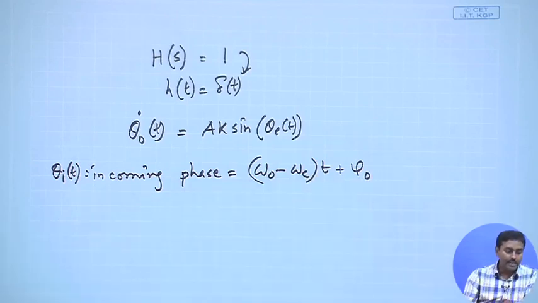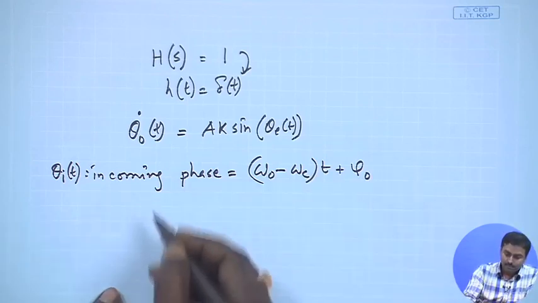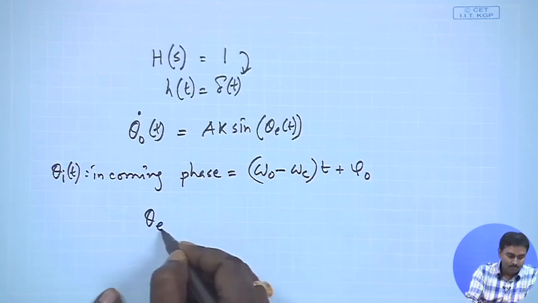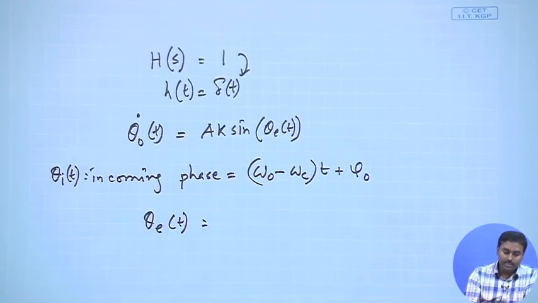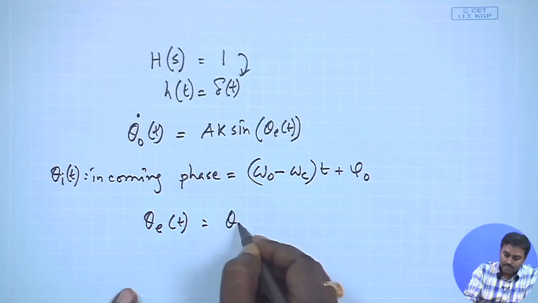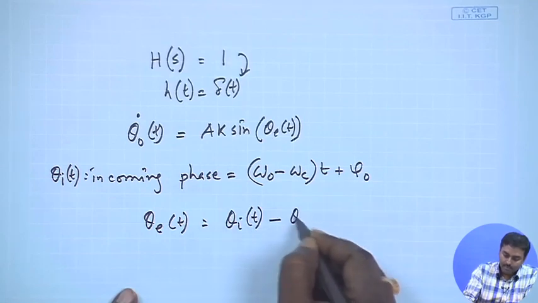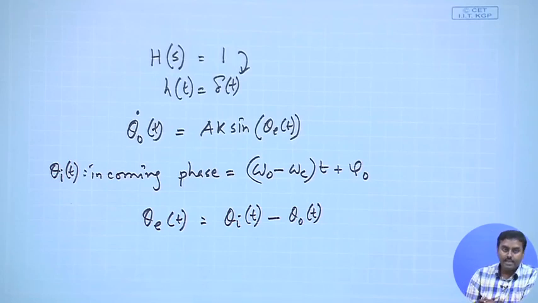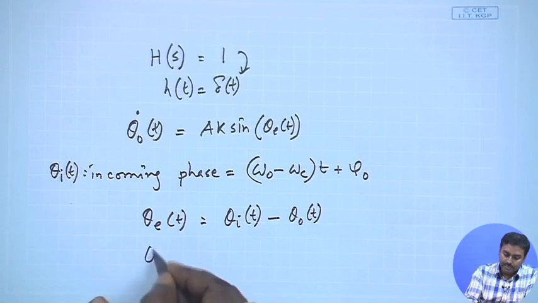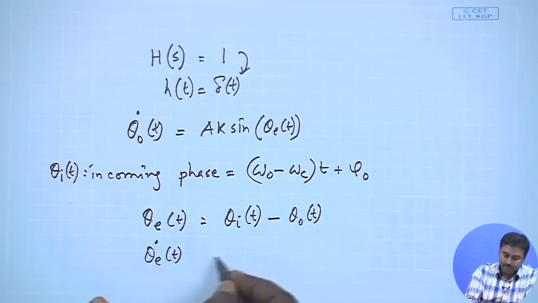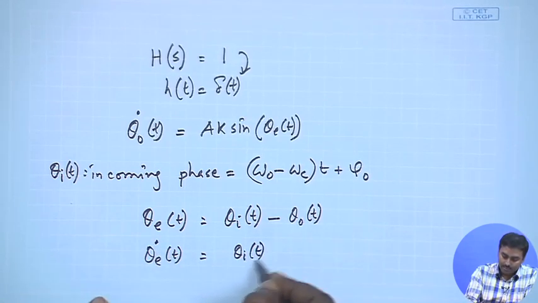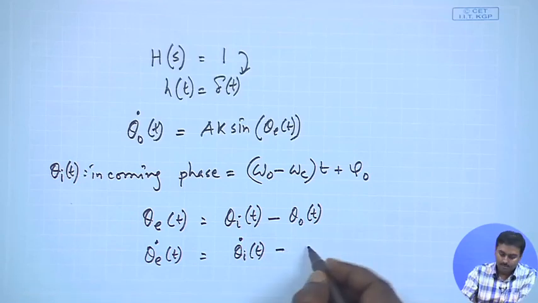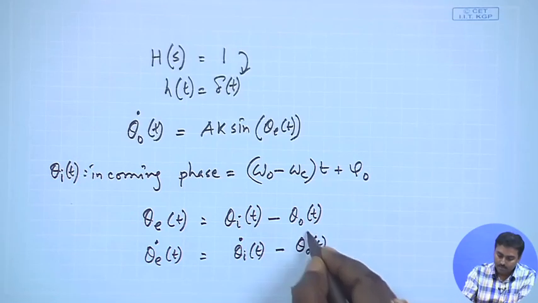Now, let us try to write what is the theta e. So, theta e is basically theta I t minus theta O t, right. Now, I can take a derivative over here. So, immediately theta e t derivative becomes theta I t derivative minus theta O t derivative.